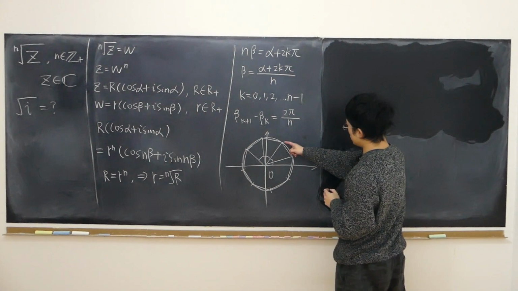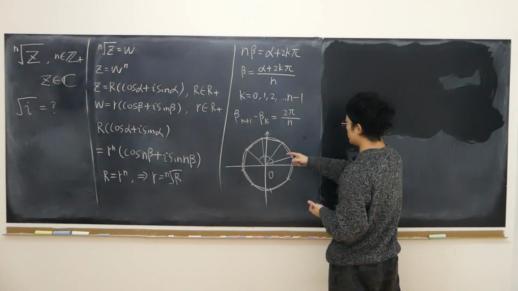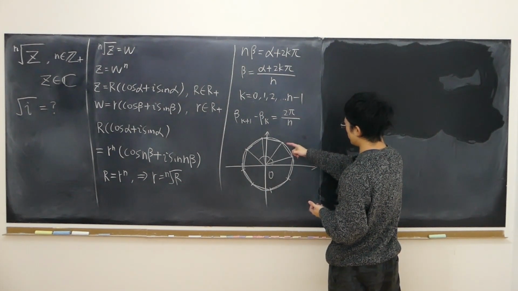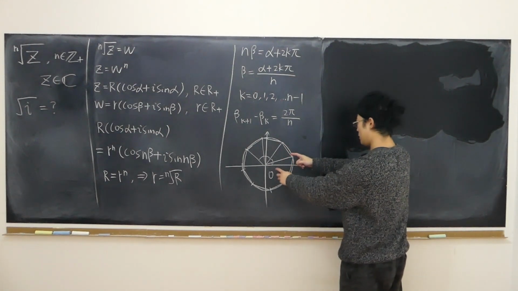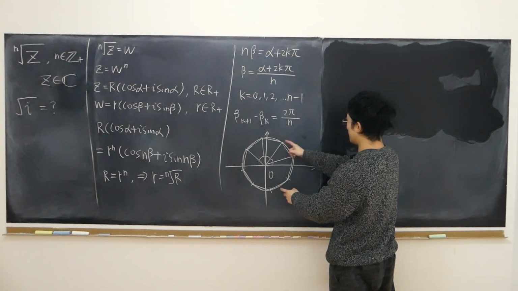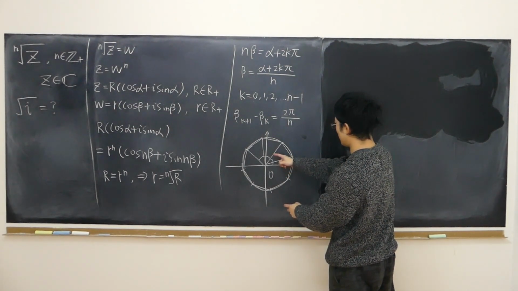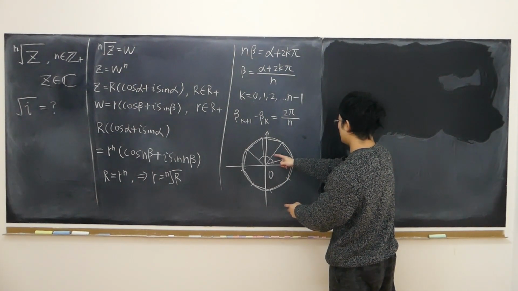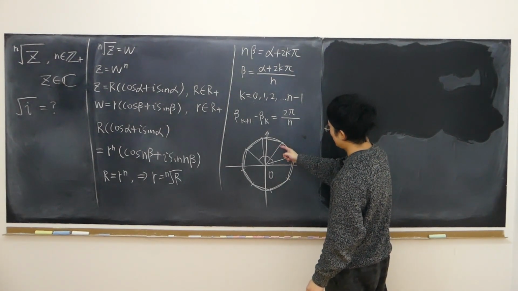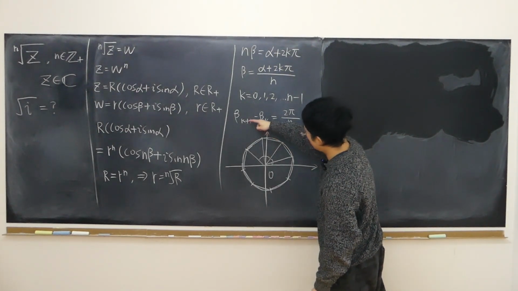Take, for example, this root, raise it to the power n, that is times itself repetitively, meaning its angle will increase incrementally. Each time it times itself, it'll just increase by this much, this angle. Times itself twice, maybe it'll end up somewhere here.